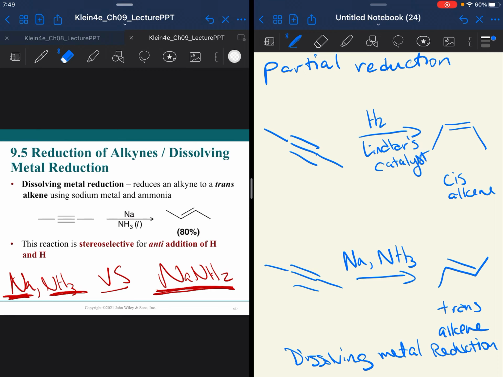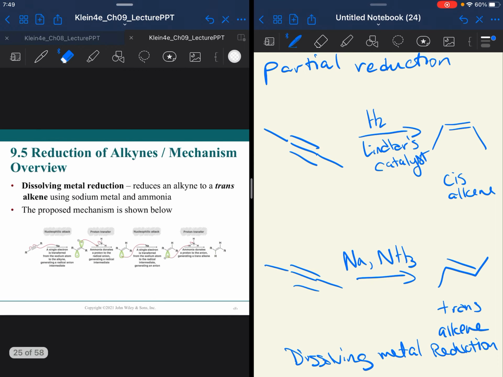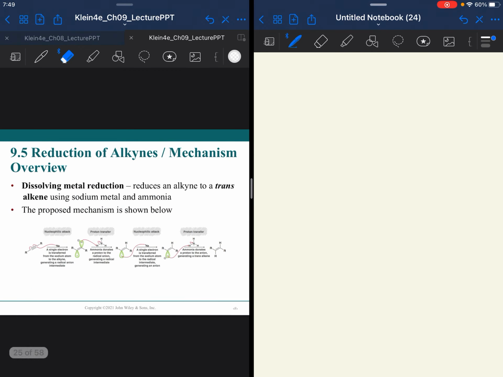So let's look at our dissolving metal reduction. It's a really interesting mechanism. And of course, it's on this slide, but I like to draw while I talk, so we're going to talk through it. This is a very cool mechanism. Let's start with 2-butyne and Na with NH3 to give us a trans 2-butene.